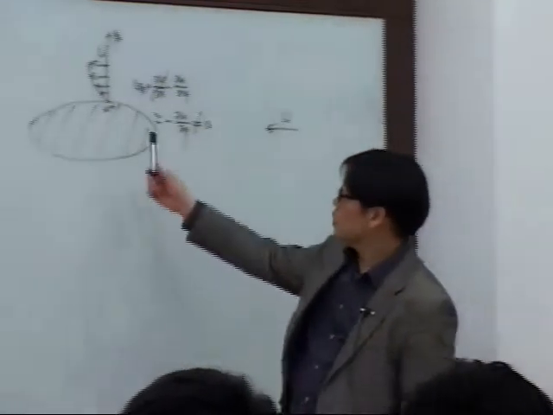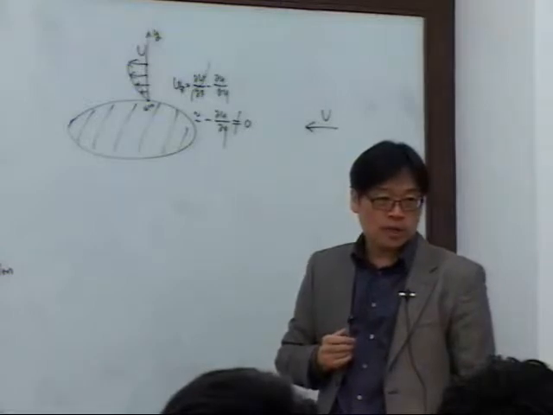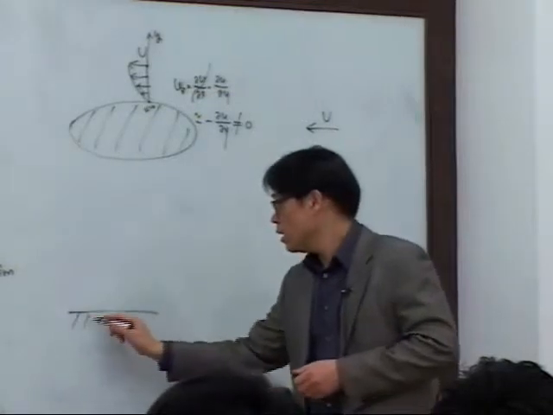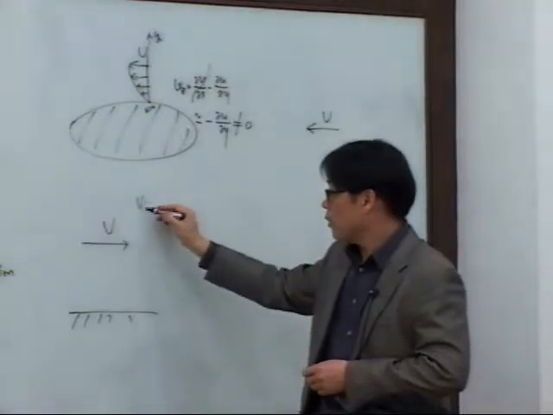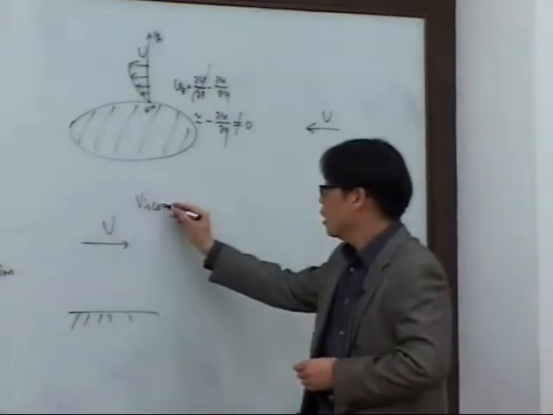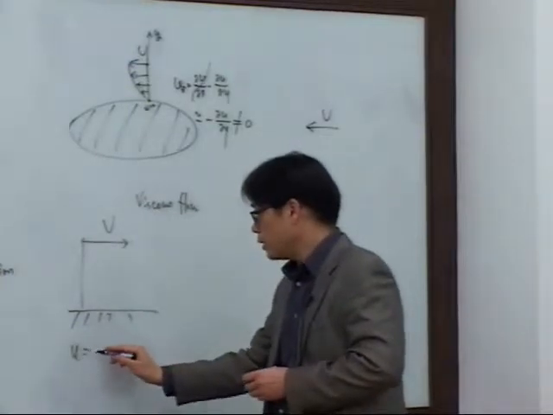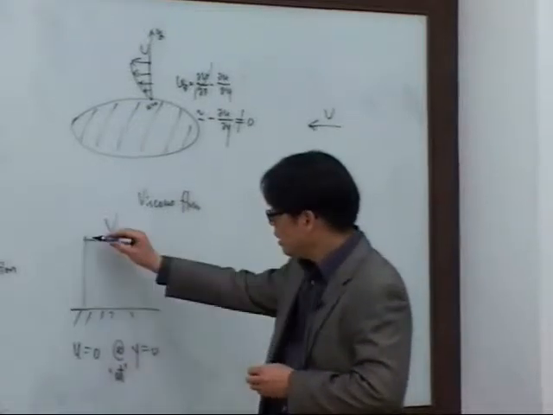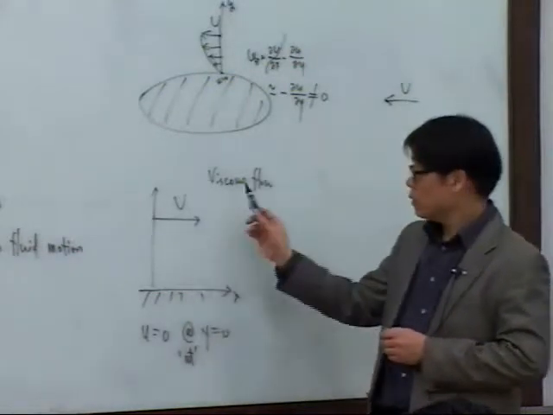So obviously I use the no-slip boundary condition, which is really true for viscous fluid. So if I have a flat plate, if I have flow like this, for viscous flow, my u at y equal to 0 has to be 0 for viscous flow, right?